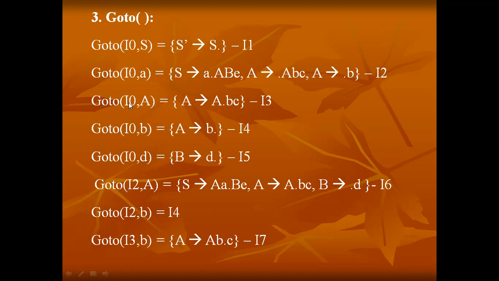I am just calling the goto function I naught with A. After processing, it becomes A tends to A dot BC. See here, after the dot, if we had a terminal, there would be no need to write anything. But here we have a non-terminal after the dot, so for the non-terminal we are having, we need to write the productions from the I naught for the A here.